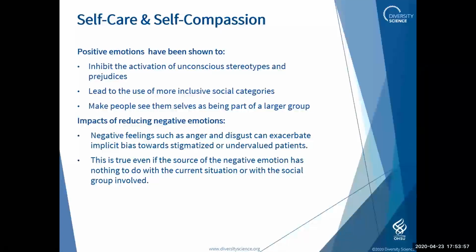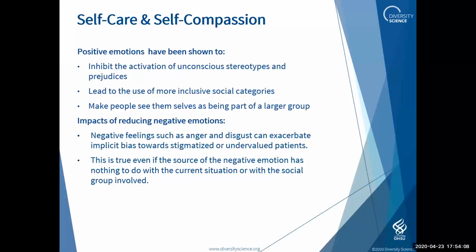So if you take nothing away from this other than this, one of the main things we can do to be true to our values is to take care of ourselves and to have compassion for ourselves. Some of the things that exacerbate bias the most is when we are depleted, when we are having negative emotions, when we're feeling angry towards ourselves, because that system is going to try to help us feel better about ourselves.